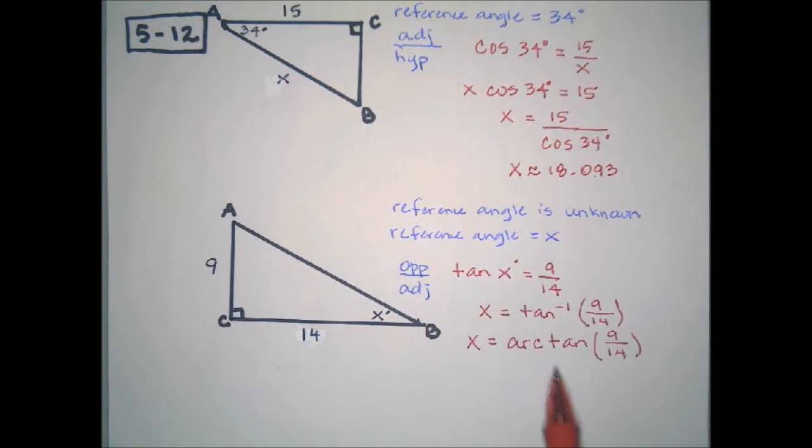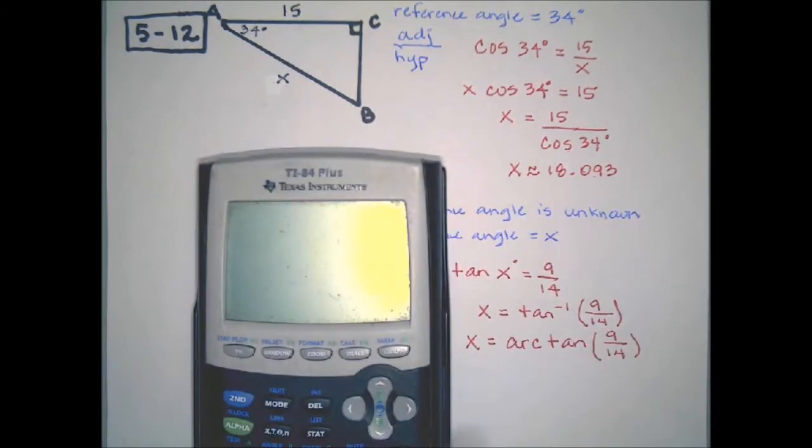Now, if it's time to figure out what's the approximated value of x, we're just going to go with this one right here, and all we do is we do second function tan, and see how that sets up on the calculator, tan negative 1, and it opens up a parenthesis of 9 divided by 14, and I'm going to close that parenthesis, and what that's going to tell me is the approximated value of that angle to 3 decimal places.